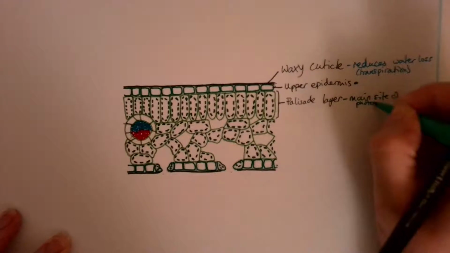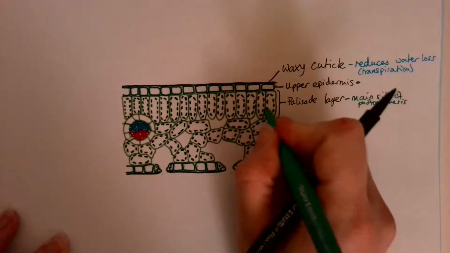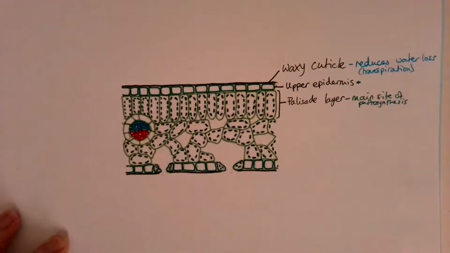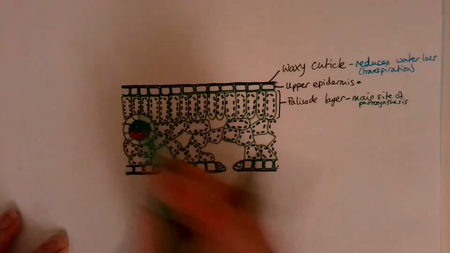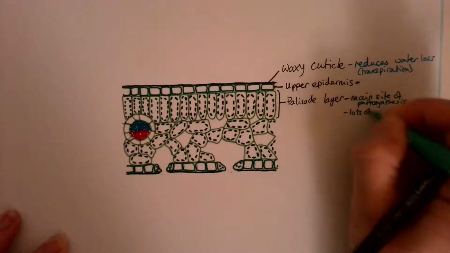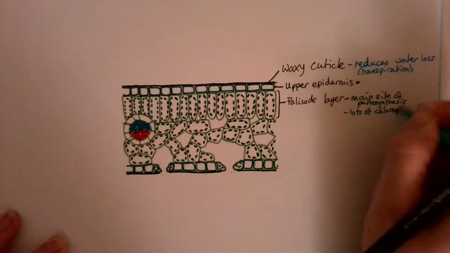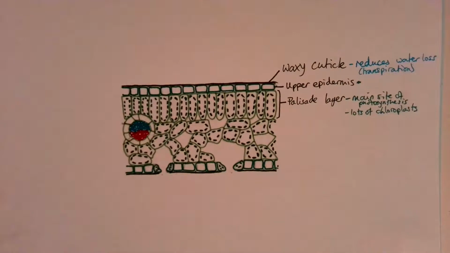And because of that, the cells in this layer have lots of chloroplasts. Those are the green blobs that you can see here. There are chloroplasts in other cells, but this is the layer that has the most chloroplasts. So lots of chloroplasts. And that's so they can absorb the maximum amount of light and carry out lots of photosynthesis.